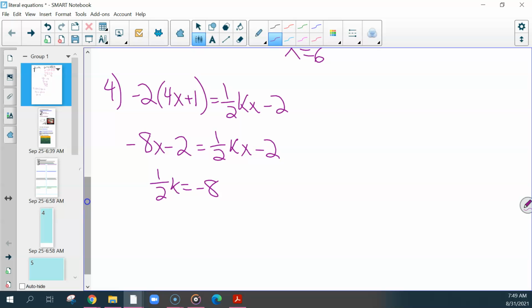So in my mind, it's an algebraic mind. I'm thinking, okay, what could I multiply to 1/2 to give me negative 8? Or I could have actually solved this.